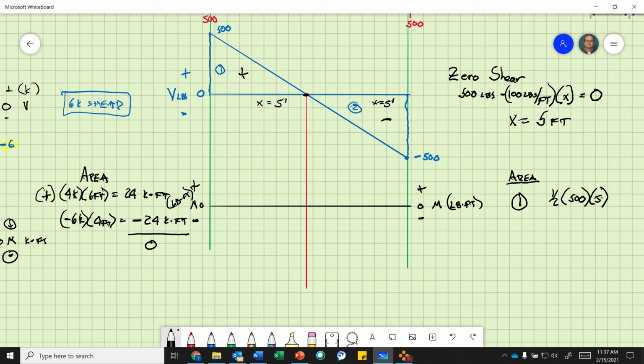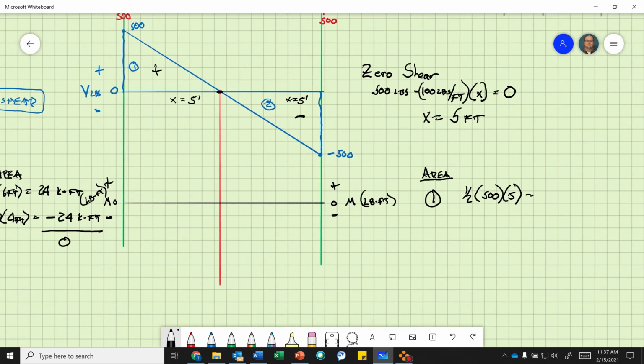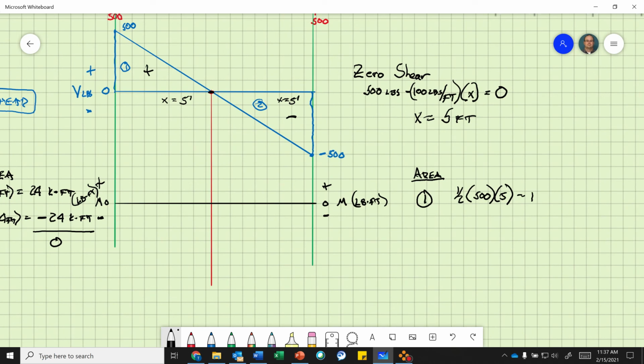Pounds, feet, foot pounds. 500 times 5 times half of that, so I get 1,250. So I can slide this over a little bit. 1,250 foot-pounds.